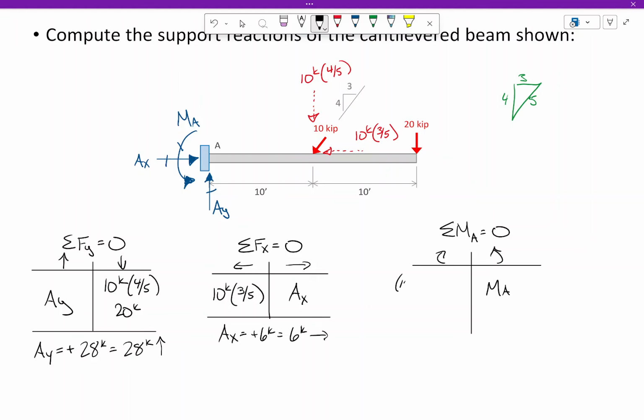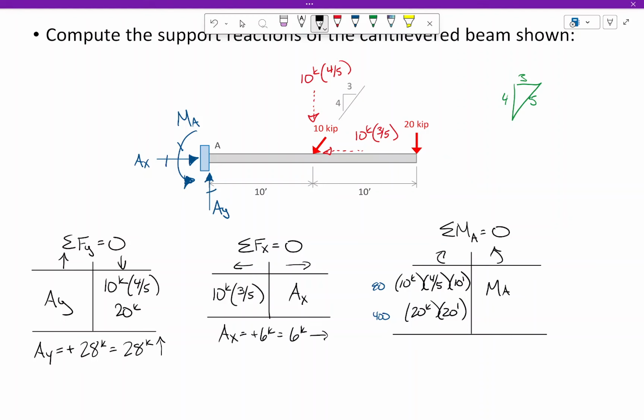And then we have the 20 kips times 20 feet, right? And so that's going to be 400. That's going to be 8 times 10, 80.